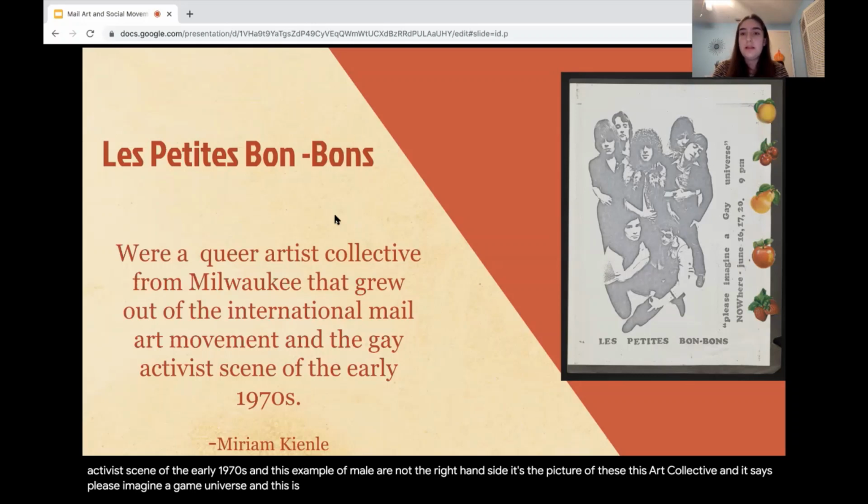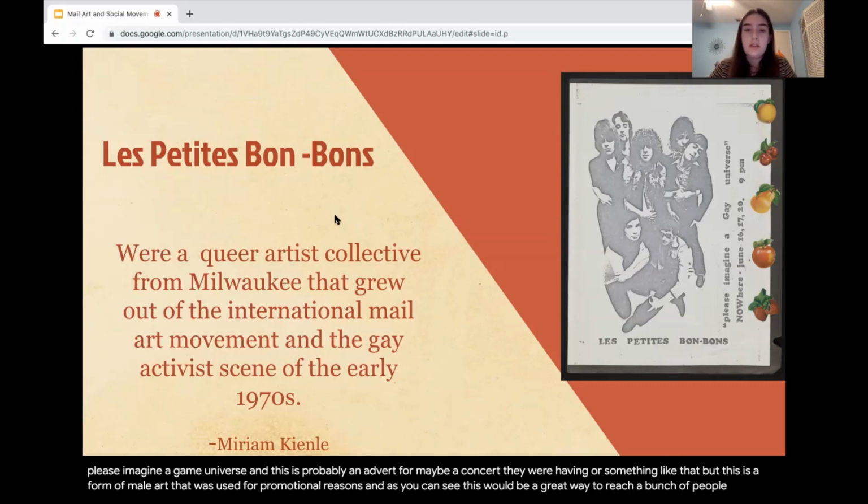This is probably an advert for maybe a concert they were having or something like that. But this is a form of mail art that was used for promotional reasons. And as you can see, this would be a great way to reach a bunch of people.